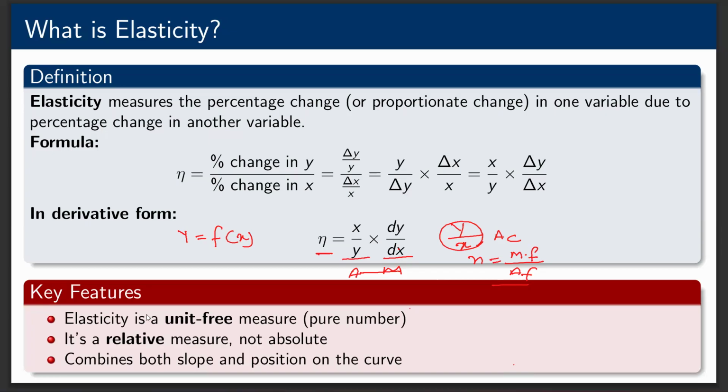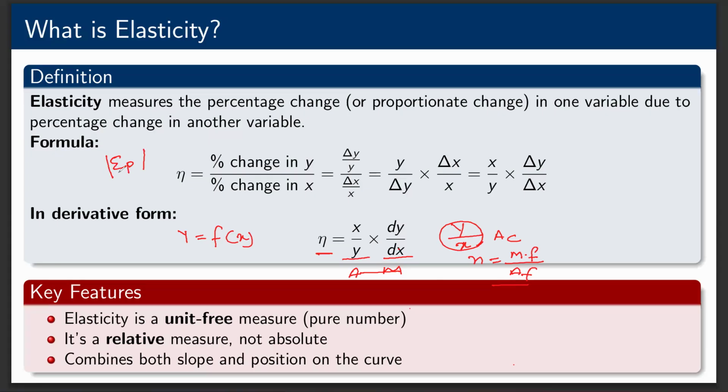Ma'am, somewhere we are using the minus sign to find out the elasticity. When you say, for example, elasticity of demand, price elasticity of demand, which is symbolically written as EP. Actually, the price elasticity of demand EP is known as not only EP, it is the mod value of EP.